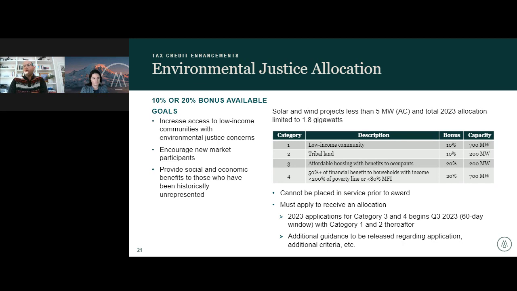This slide is a little bit old, in that the 2023 applications actually did open in October, and the initial 30-day period closed on November 19th.